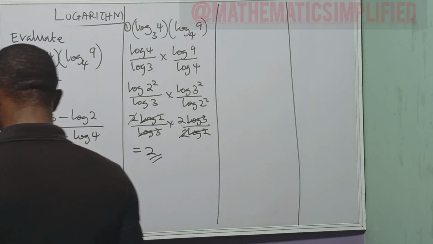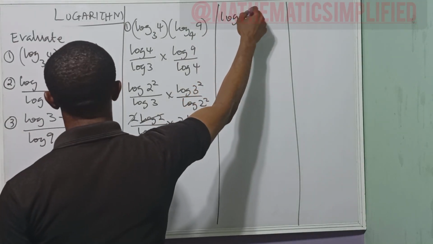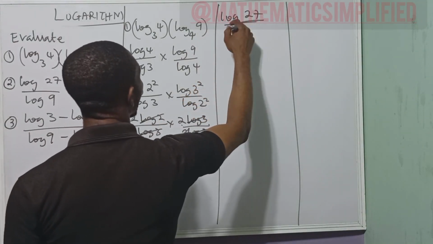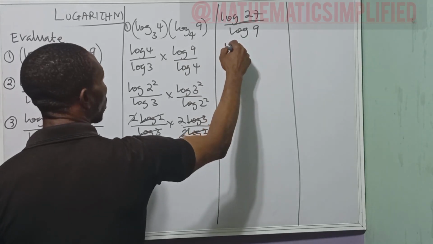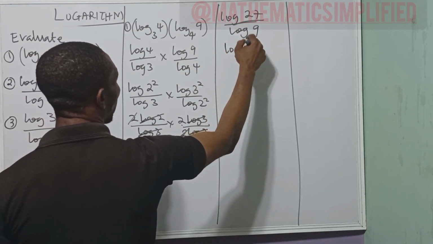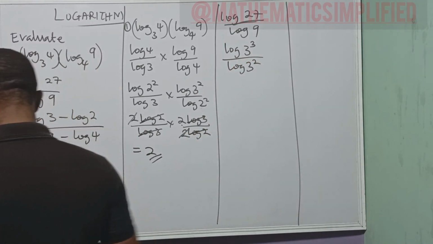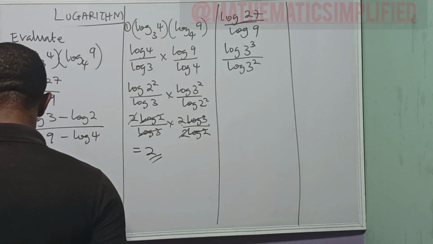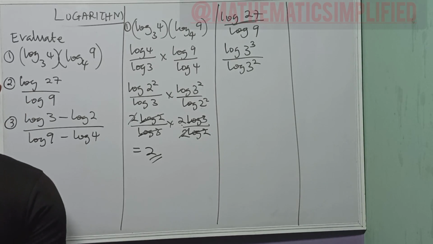Okay, the next one we'll be looking at is log 27 over log 9. We can break this down to become log 3 raised to power 3 all over log 3 raised to power 2. Having done this, the next thing we will do is simplify it.